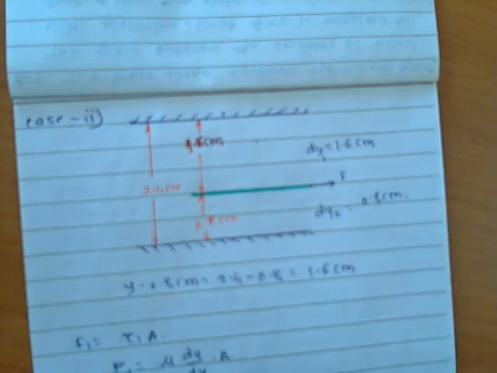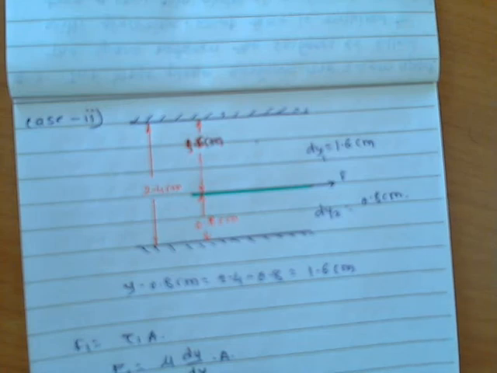Okay, so we'll substitute the values. F1: mu is equal to 8.10 into 10 raised to minus 1, velocity is 0.6, area is 0.5, divided by dy, which is 1.6 into 10 raised to minus 2.